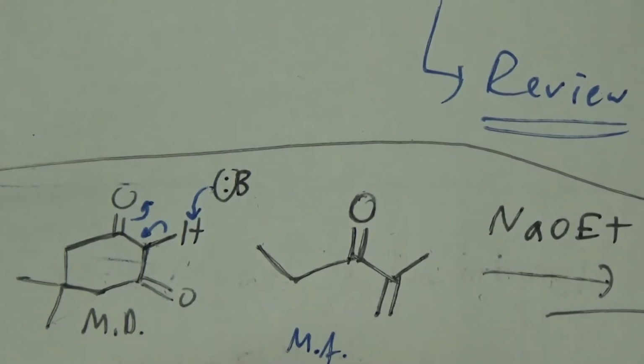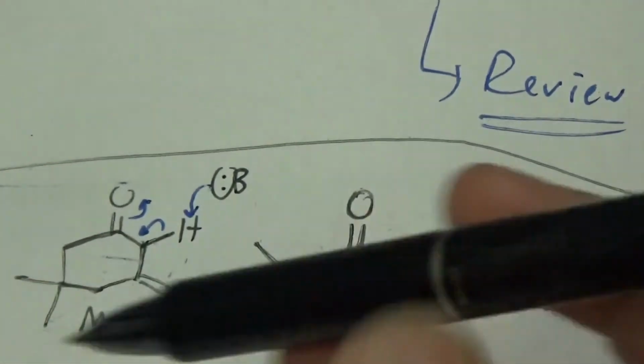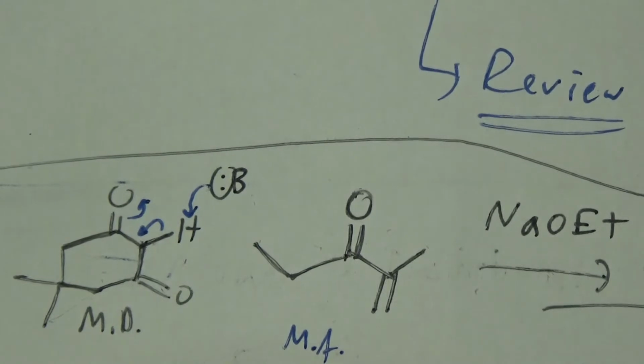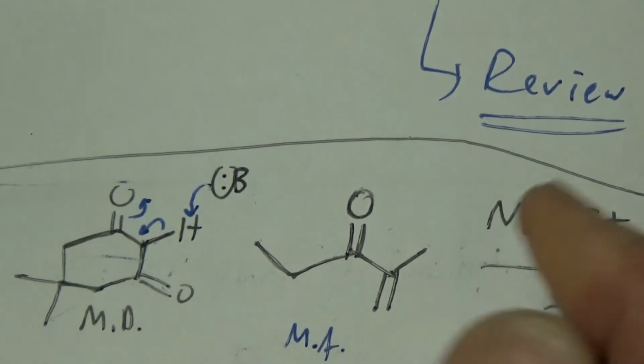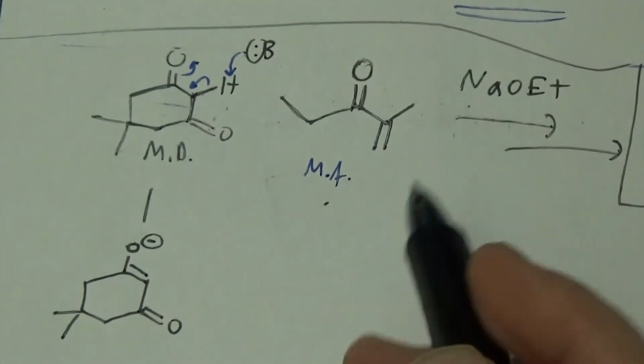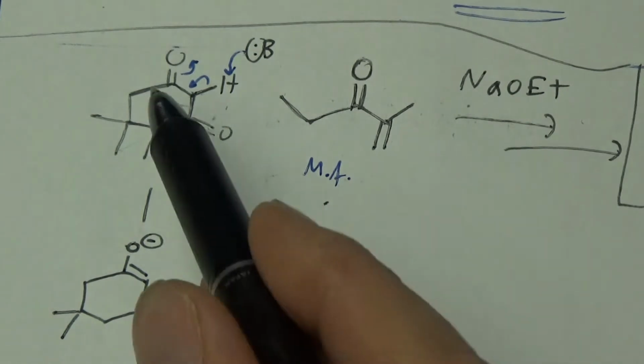I'm going to try really hard not to lose these 2 methyl groups. Let's see if I lose them. Oops, sorry. Okay, so base takes proton, makes an enolate. So now we have the enolate version of the Michael donor.